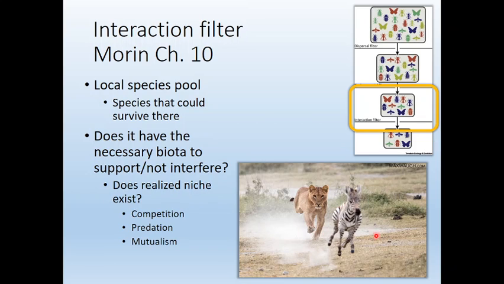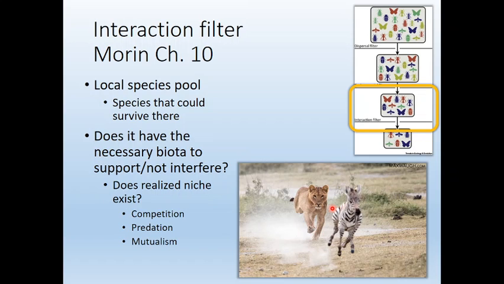But beyond just predation, there's things like competition. Are there superior competitors there that could potentially competitively exclude whatever species we're talking about? Are there predators that would potentially eat all of that individual? Now, when we're talking about lions, we're talking about that they are the predators, right?